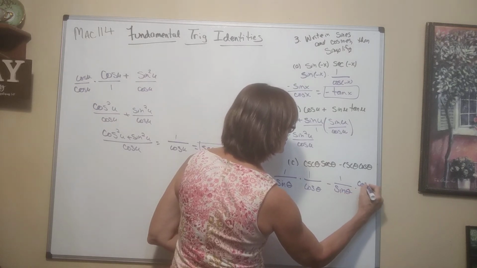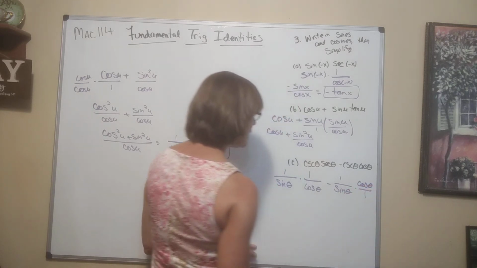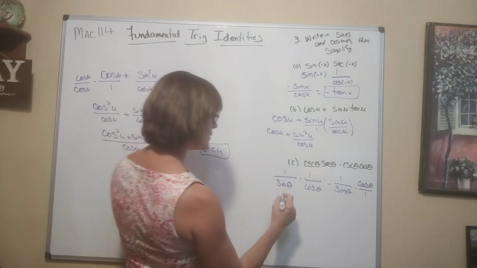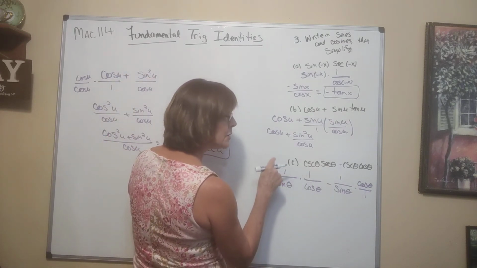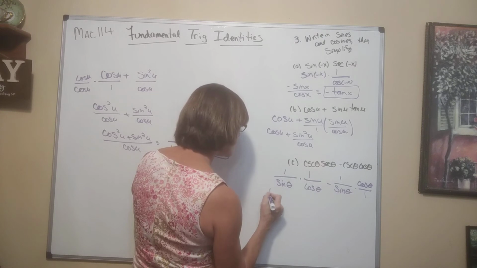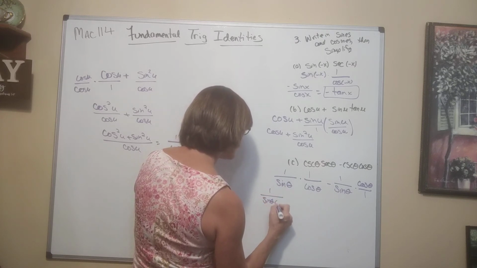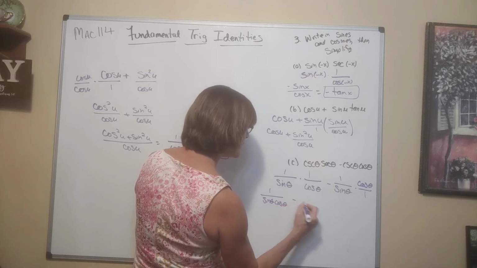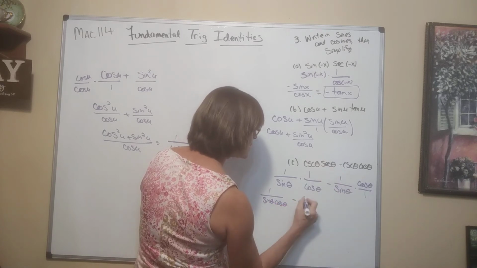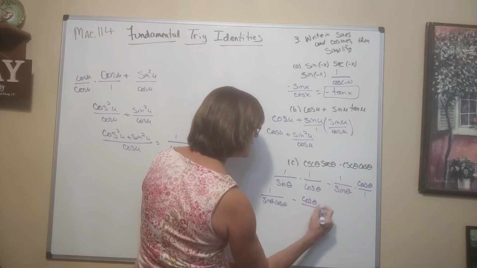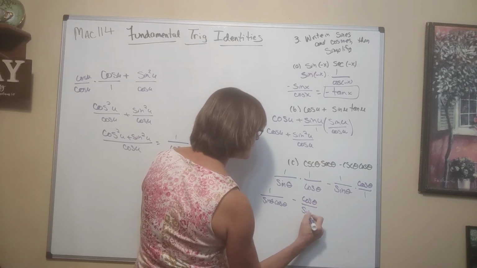Cosine is just cosine. All right, let's see what happens here. This is really a 1. If I multiply fractions, multiply the numerators: 1 times 1 is 1. Sine theta times cosine theta is sine theta times the cosine of theta, minus 1 times cosine is cosine, sine times 1 is sine.